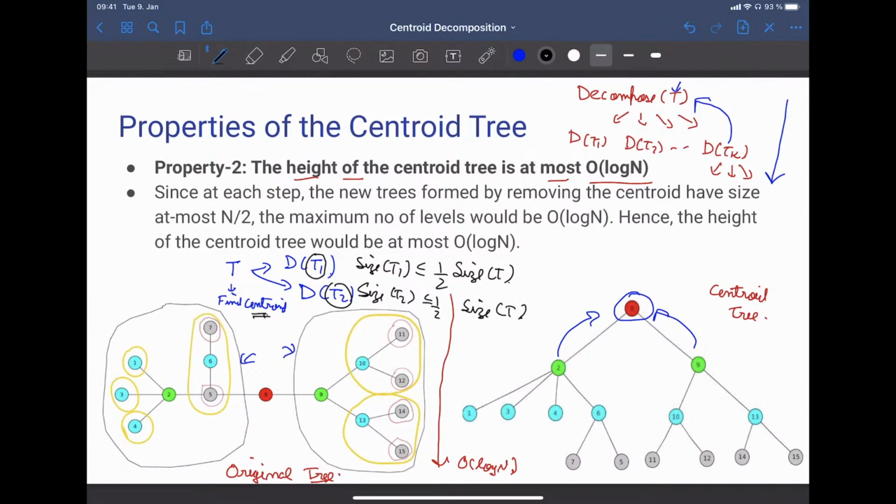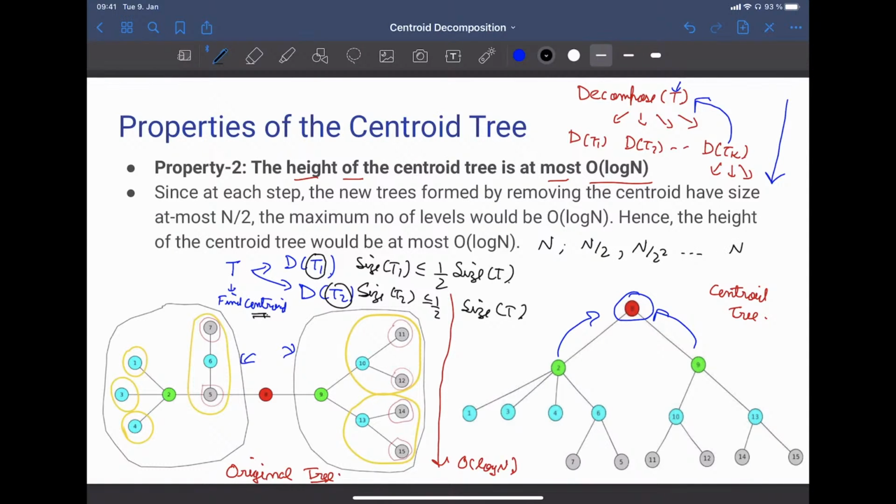So every time you recursively call decompose, the size of the tree on which you are calling decompose is at least halved. This procedure can continue only for log n steps, because the first time you call decompose, the size of the tree was n. The second time, it would be n by 2. The third time, n by 2 squared, and so on.